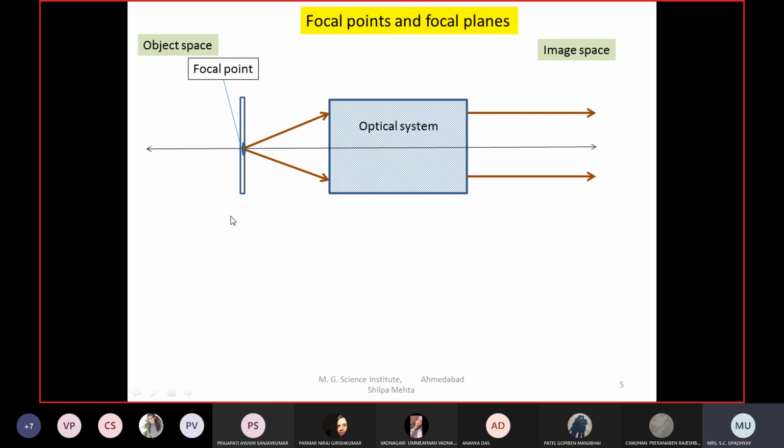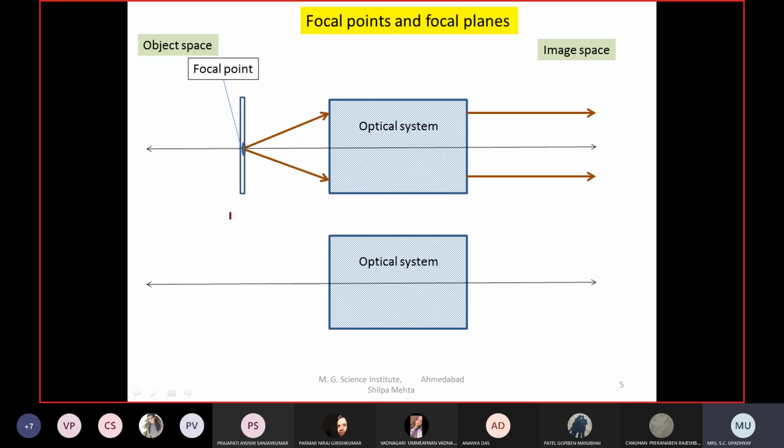Similarly, there is another focal point in image space. How will we create it? Anybody? In the image space, do you know how to create the focal point?